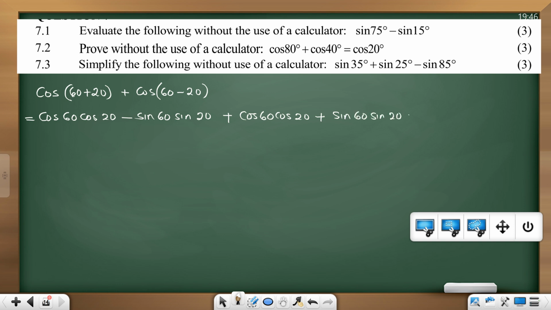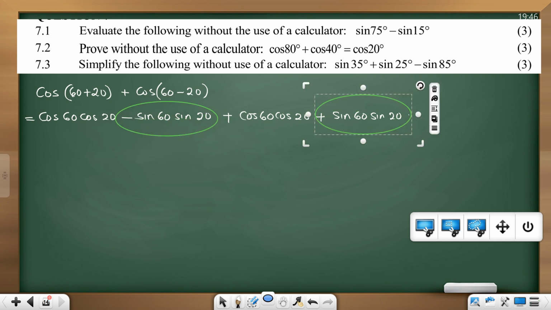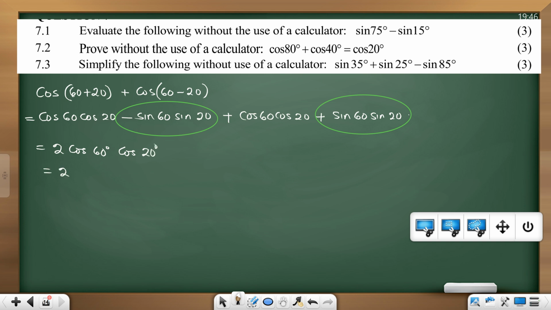First check, I told you there are things that will cancel out here. Do you notice that these two are now the same? What do I have? 2 cos 60 degrees, cos 20. By the way, what is cos 60? Half. Done.